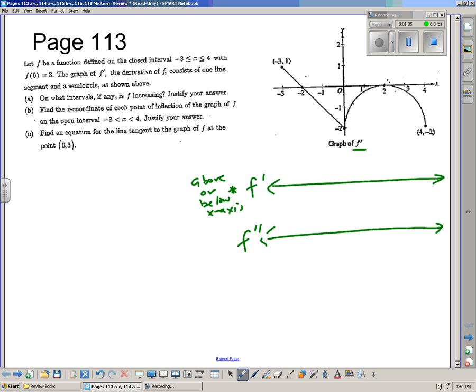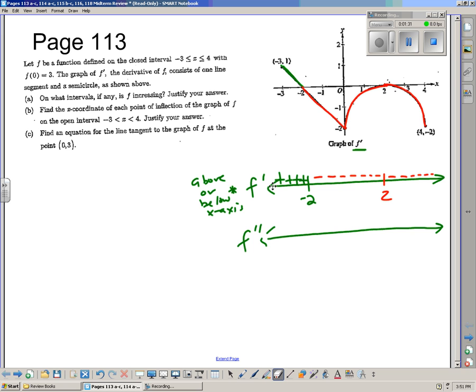So from -3 to -2, the graph is above the x-axis. So we are looking at a positive first derivative. Then we skip below the x-axis till we get to 2. And at 2 we have a 0, but we are below. And as we pass 2, we dip back down below. So there's our f prime number line.